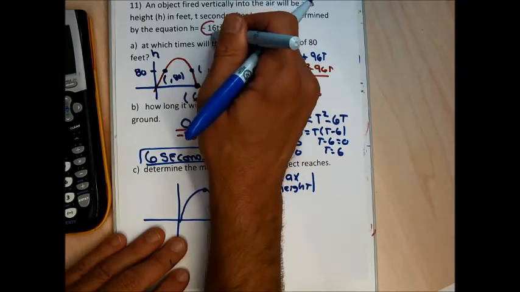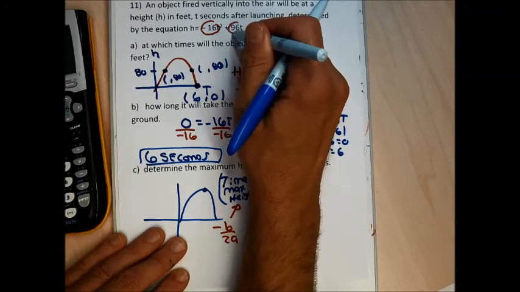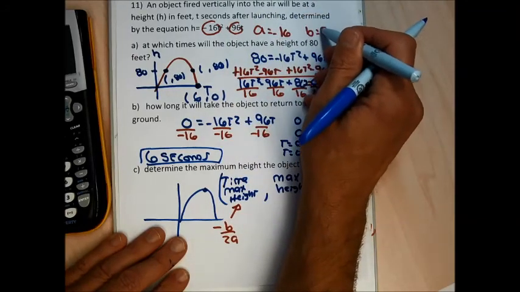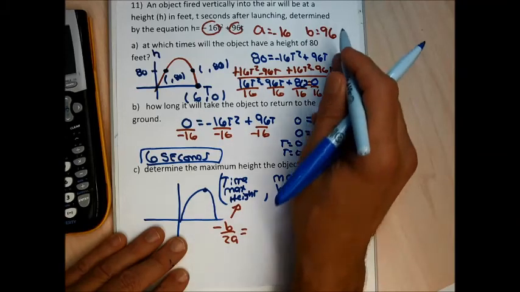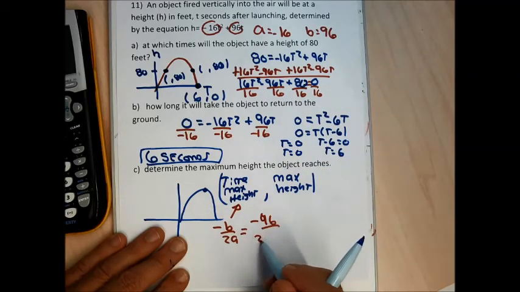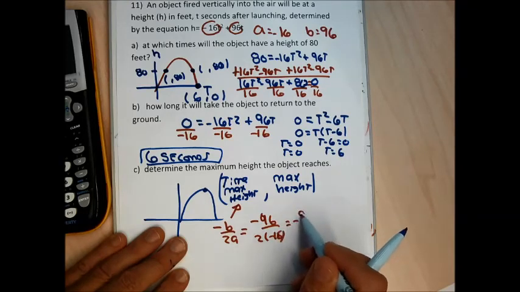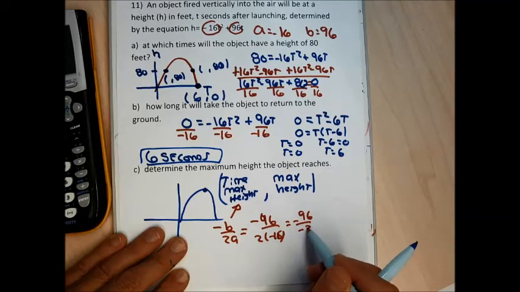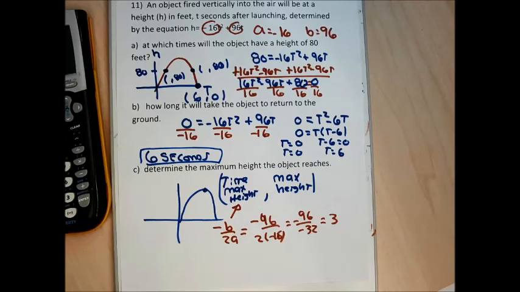The a is going to be negative 16. The b is going to be 96. So the x-coordinate of the vertex is going to be negative b, which will be negative 96, over 2a, which is 2 times negative 16. This is going to be negative 96 over negative 32. I think that comes out to be 3. In fact, I know it does. So at 3 seconds, it reaches its maximum height.